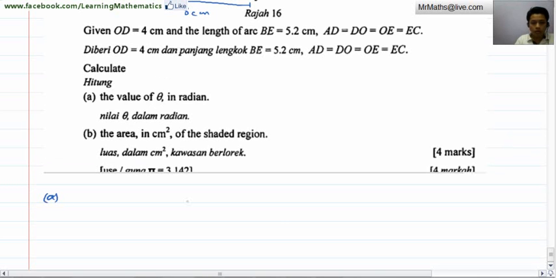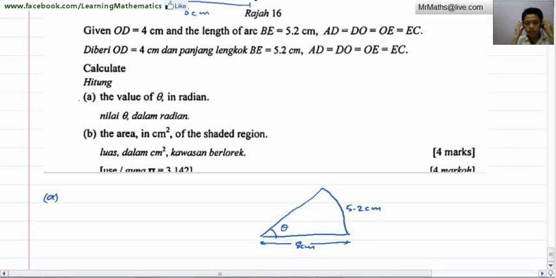A, let's go and draw the sector. Alright, this is our theta, and this is 5.2 cm, and the radius R is 8 cm. So how do you find theta? We can use the formula S equal to R theta. Then as we know, 5.2, and R also we know, which is 8.